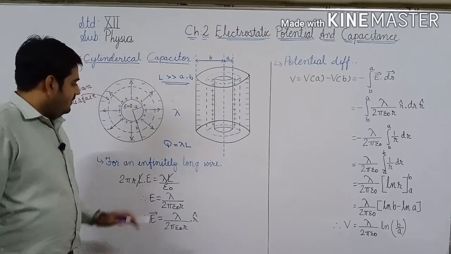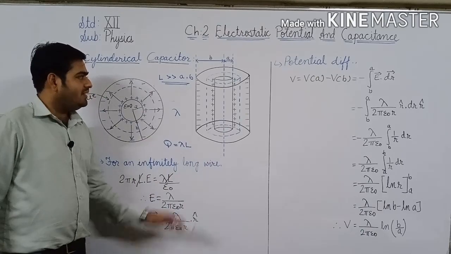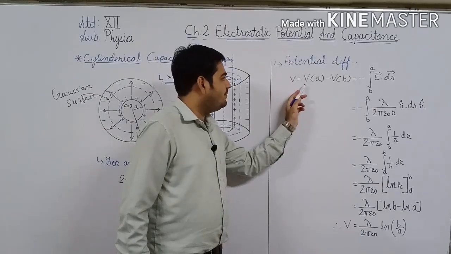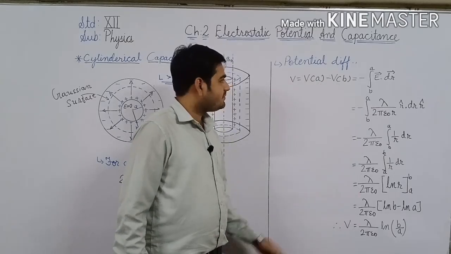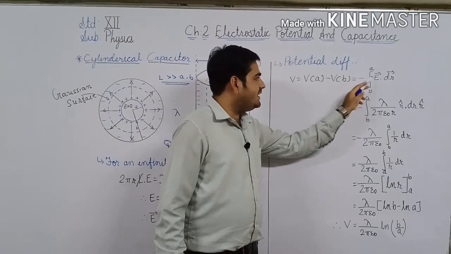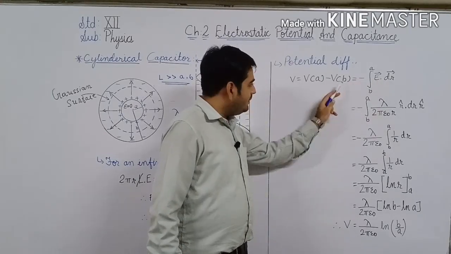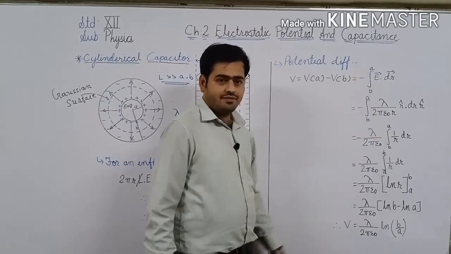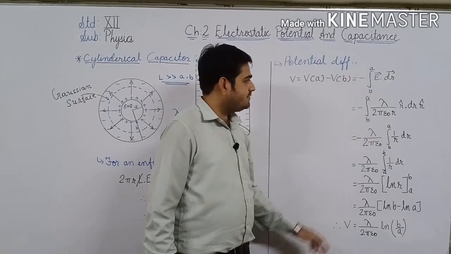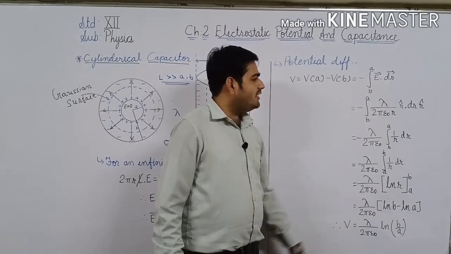Now we have to find the potential difference. Potential difference V is equal to VA minus VB, and for potential difference the formula is integration of E vector dot dr vector. The limit is from B to A, final to initial, E vector dot dr vector.